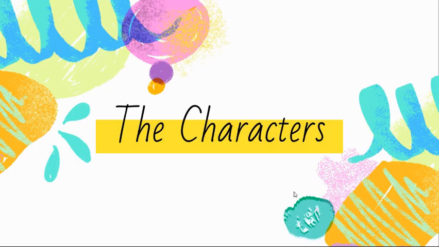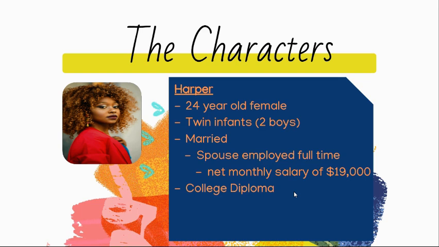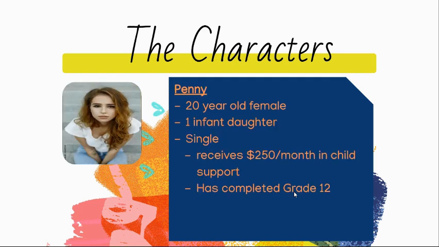So the characters. First we have Harper, who is a 24-year-old female with twin infant boys. They're married. Their spouse is employed full-time and they have a net monthly salary of $19,000, and Harper has a college diploma. Then we have Penny, a 20-year-old female who has an infant daughter, is single, receives $250 a month in child support, and has her grade 12.